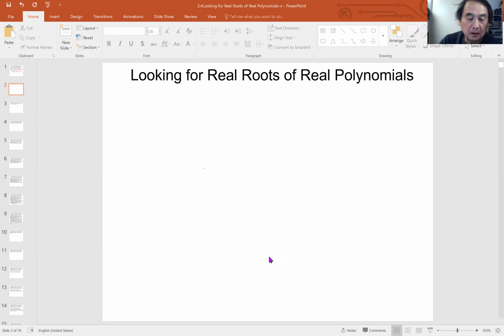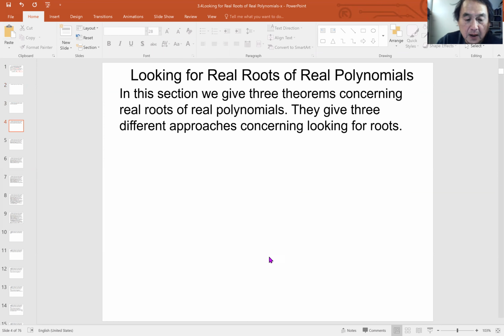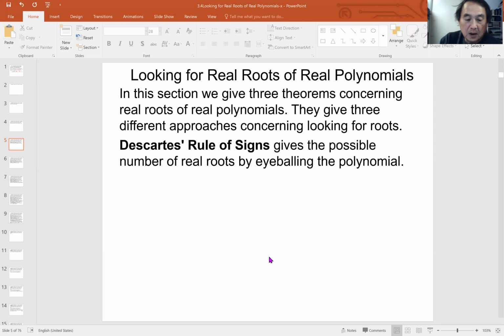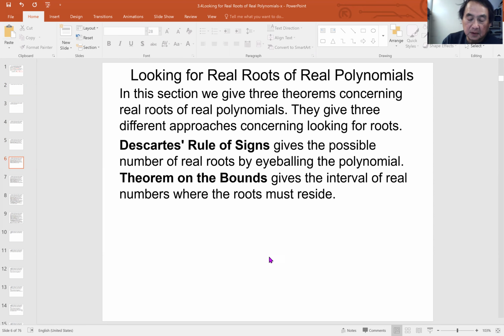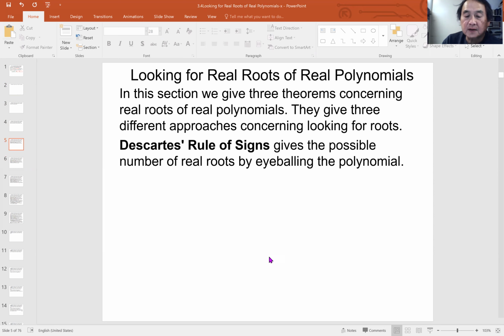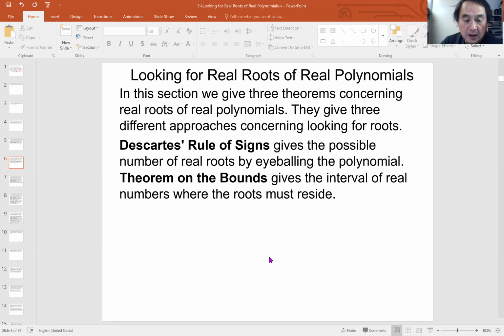In this section, we're going to give you three different angles on how we go about it. We're going to talk about Descartes' rule of signs, which tells you the possibility of the numbers of real roots you're looking for.